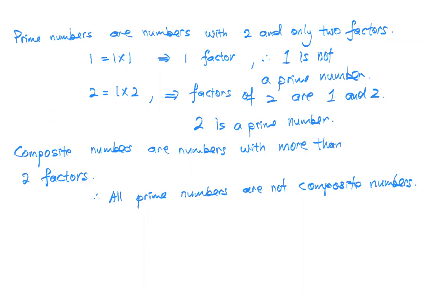So when you talk about getting a composite number, or not getting a composite number from 1 to 20, correct?